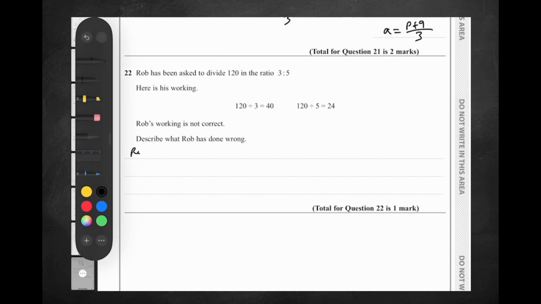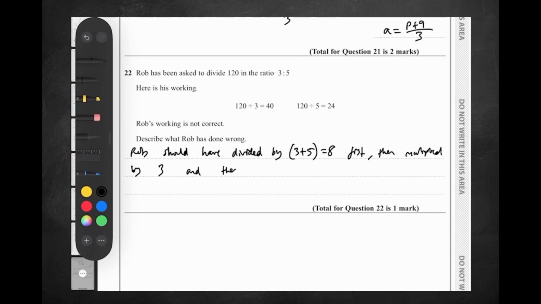So, Rob should have divided by 3 plus 5, 8, first, then multiplied by 3, and then that would give the 3 ratio.